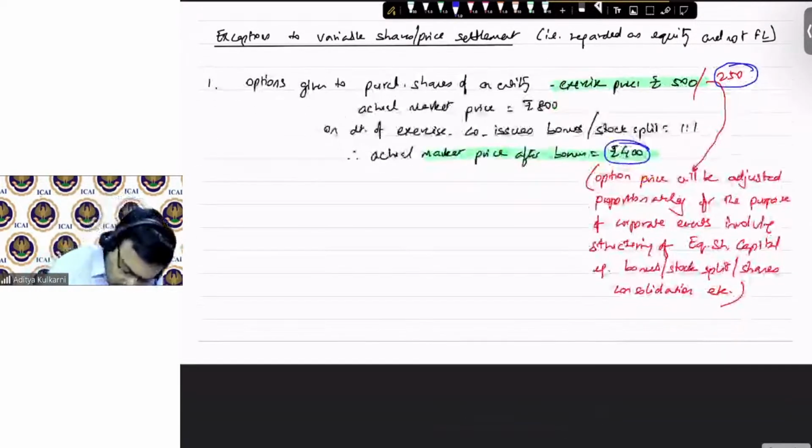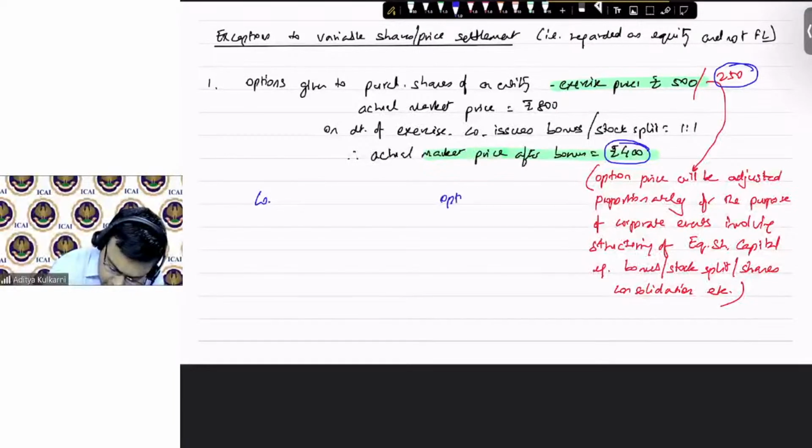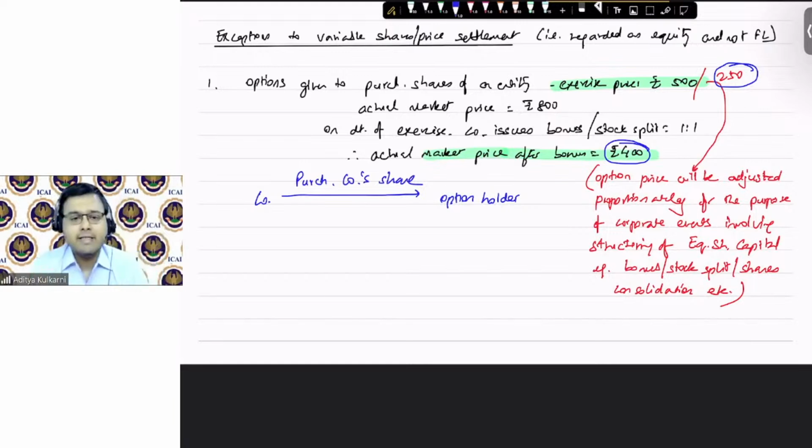But now look at the contract. You have the company and you have the option holder. The company is issuing an option to purchase company shares. So can I say settlement is happening in the company's own equity instrument?